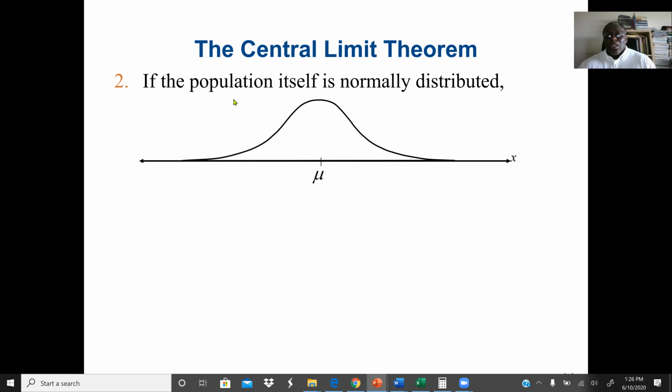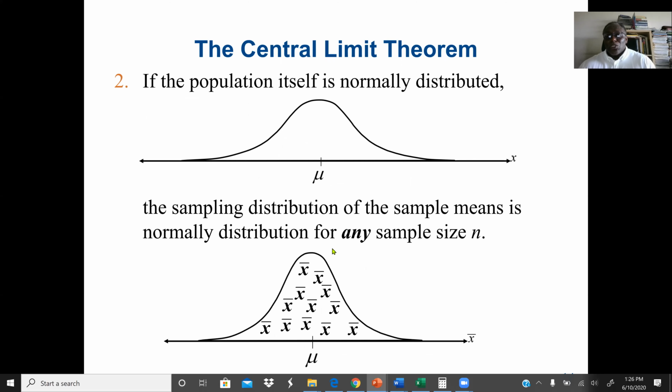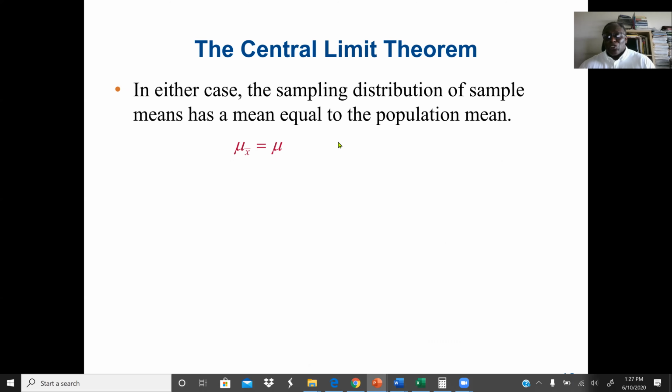So here we said that if the population itself is normally distributed, then the sampling distribution of the sample mean is also a normal distribution. And if the population is not normally distributed, still the sampling distribution will be a normal distribution.